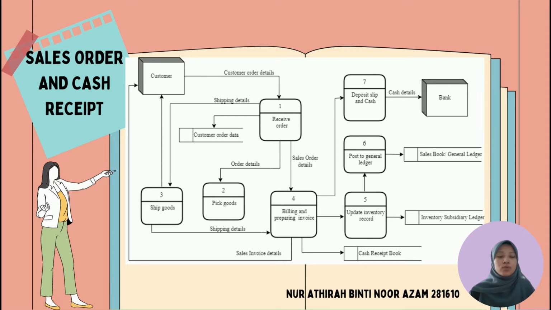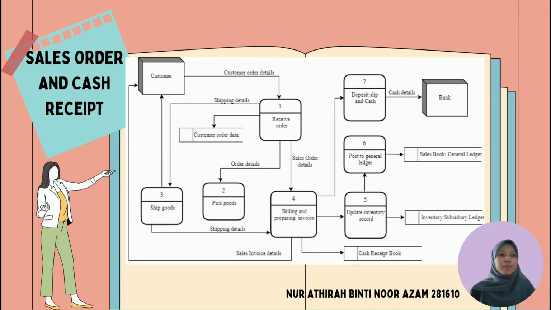At the same time, they also send the sales order details to the billing and preparing invoice process. After the employee who is responsible for shipping goods is done with her work, they will send the shipping details to billing and preparing invoice. And then the billing and preparing invoice will send the sales invoice detail to the customer.